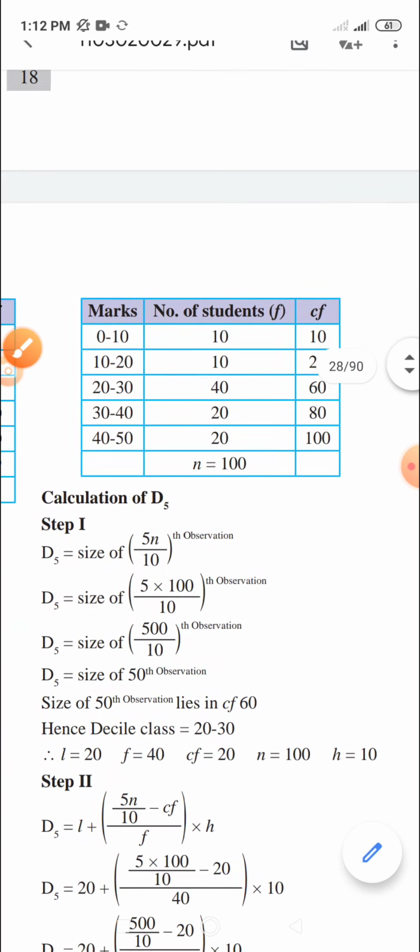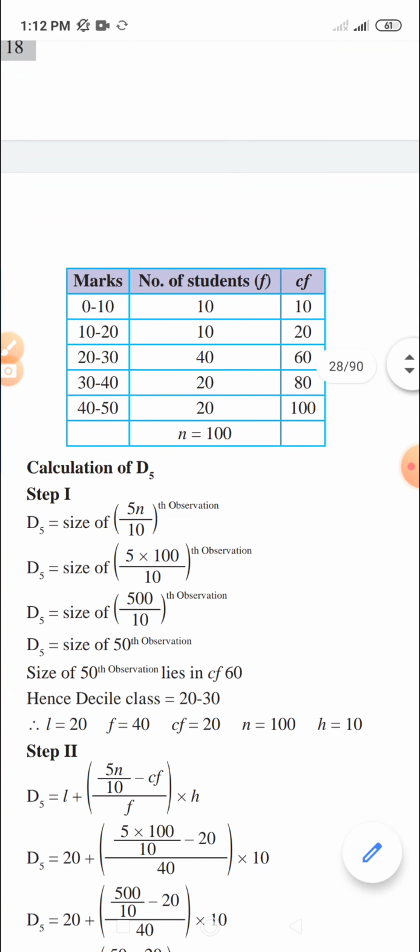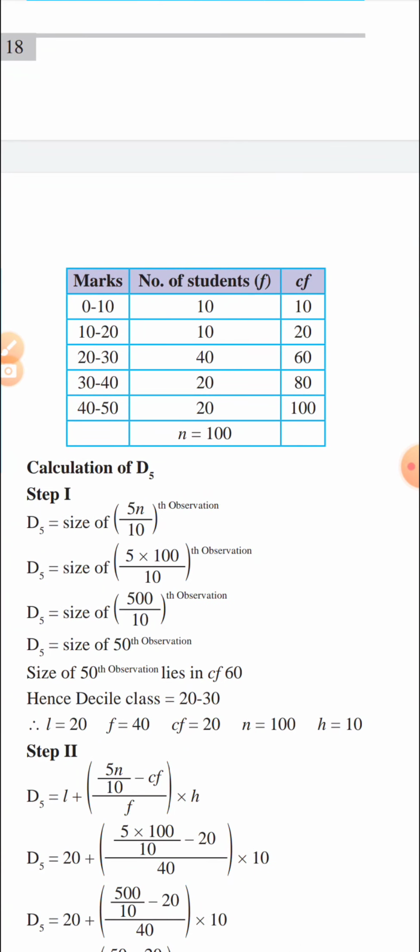So the next step for calculation of deciles, here we want to calculate D5.